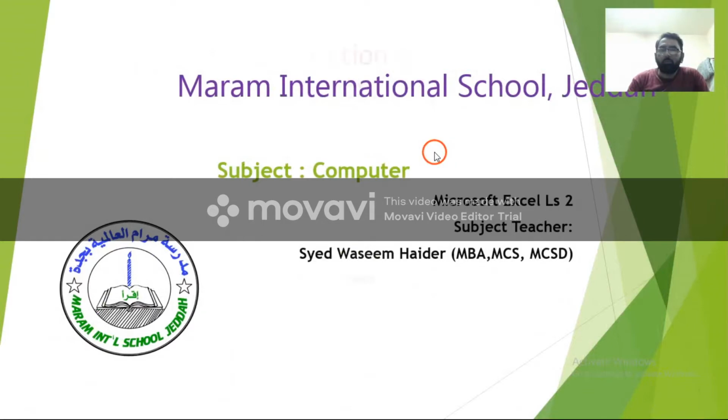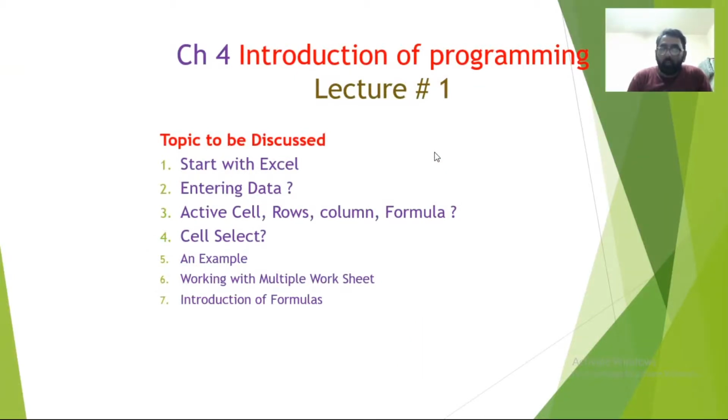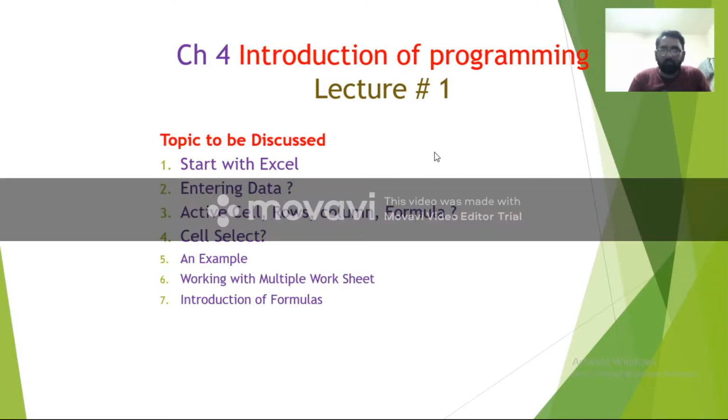The topics we will discuss today are how to start with the MS Excel sheet, how to enter data, what an active cell is, and what rows and columns are. I discussed these in the previous lesson, but today I will give you an overview of columns and rows and the active cell.